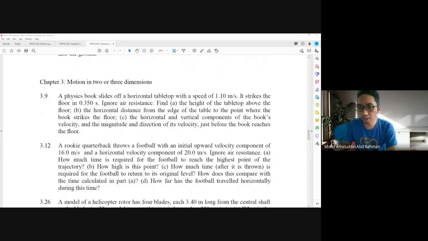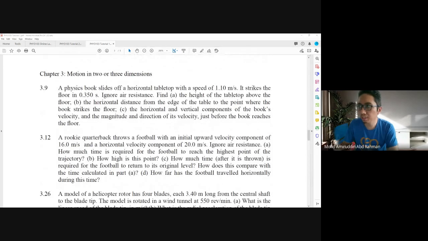All right. We move to chapter 3, motion in all 3 dimensions. We will discuss 3.9. Let's say a physics book slides off a horizontal tabletop with a speed of 1.1 meters per second.